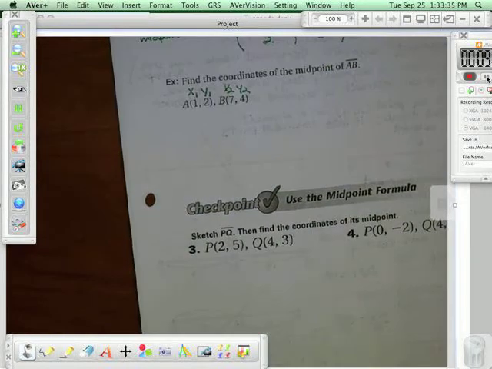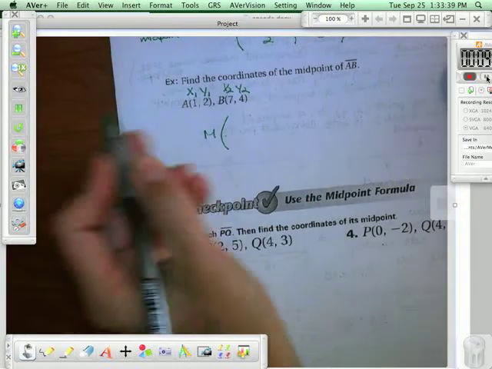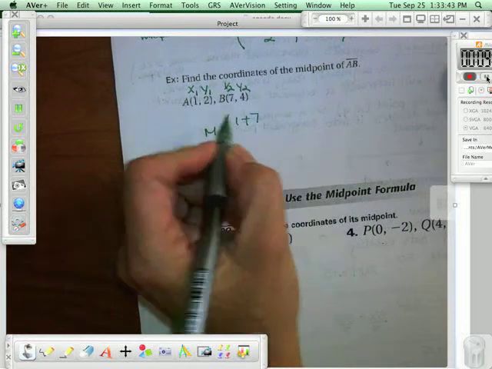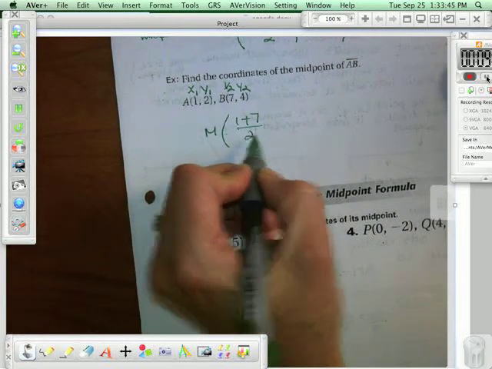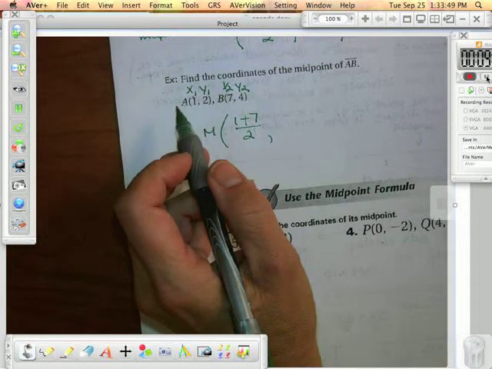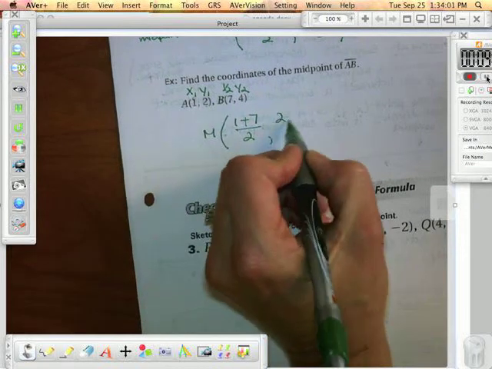Okay? Now let's just plug it into the formula. Add your x's together. Divide by 2. That's 4. Okay, and then add your y's together, which is 2 plus 4, and divide by 2.